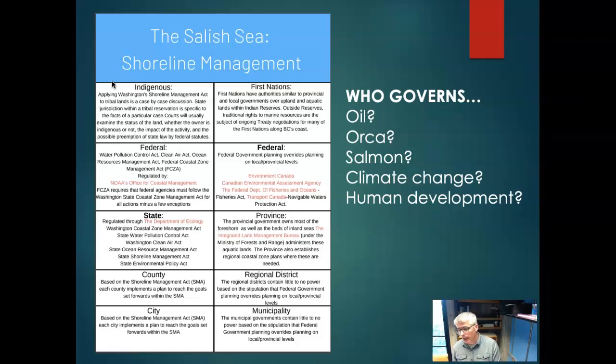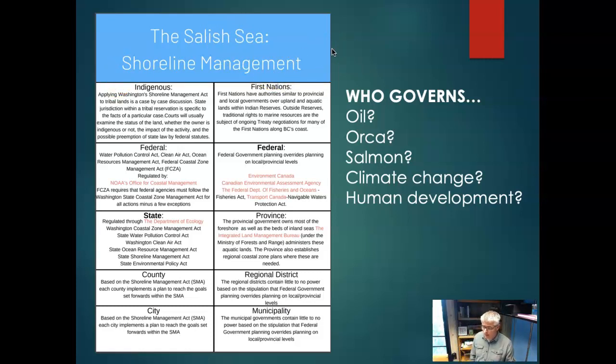So lots of folks own the tidelands in front of their house, and if they don't own them, they think they do, which causes a real issue as people try to go out and harvest shellfish, both under a treaty right and a recreational right, or just enjoy the shorelines, that you can have no trespassing signs and get fined or arrested for trespassing. Where in Canada, tidelands are public.